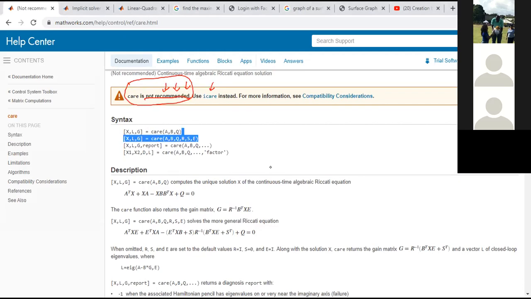So the function that we said was J. I'm supposed to have X in there, but it's the minimization of the energy, subject to the constraint that X dot is equal to AX plus BU.